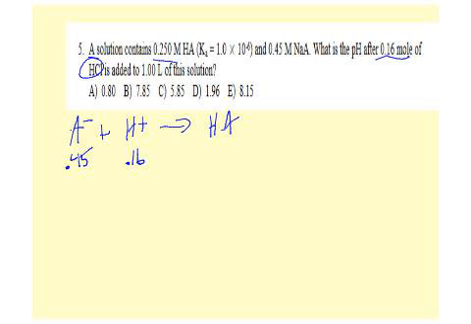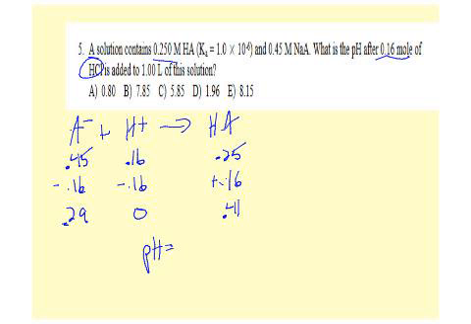And then HA would be 0.25. So again, this would go to completion, so the smaller number is going to dominate here. So 0.45 minus 0.16, minus 0.16, plus 0.16. This is 0. This is 0.29. This is 0.41. What's the pH of the system?